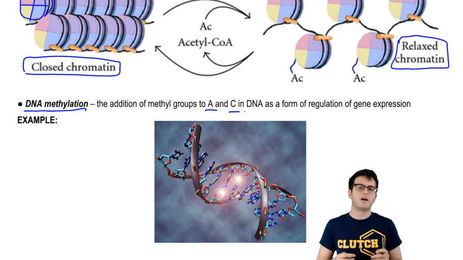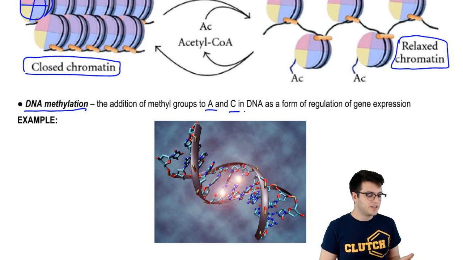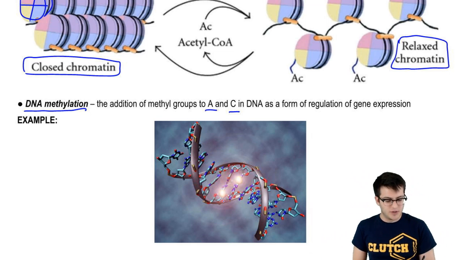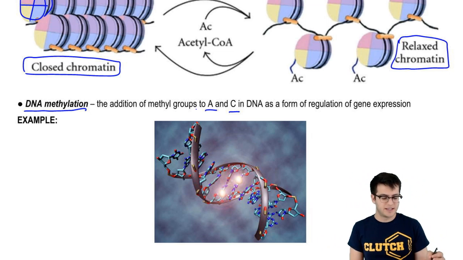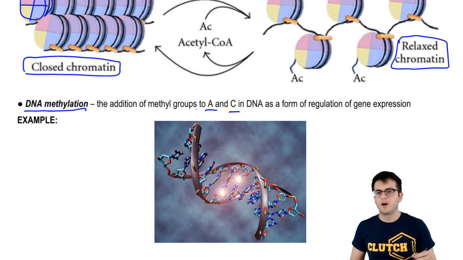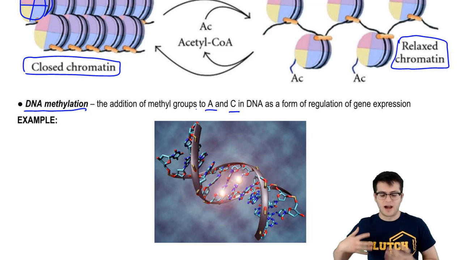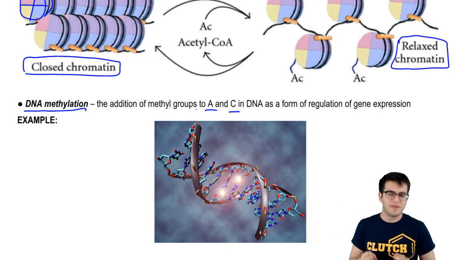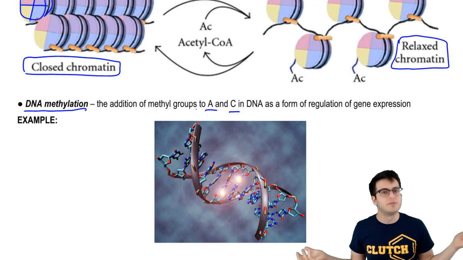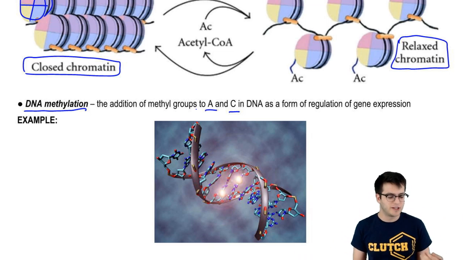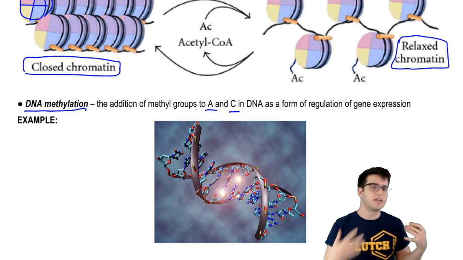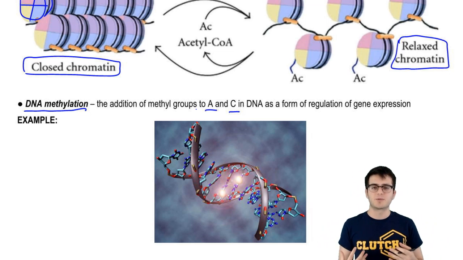Methyl groups are kind of bulky, so when attached to these nucleotides, they make it difficult for the machinery of DNA to come in and read those base pairs. So by methylating DNA, we make it more or less unreadable to the genetic machinery. And that's just another way that eukaryotes regulate gene expression on the structural level.